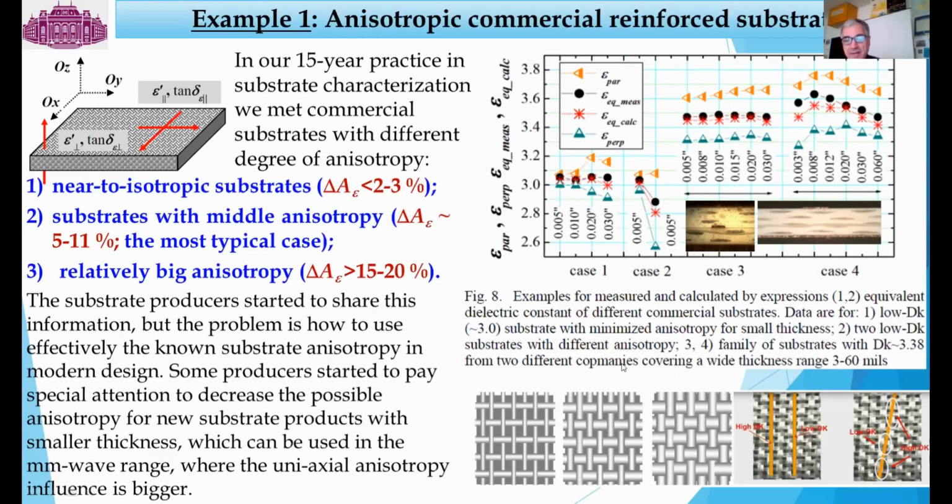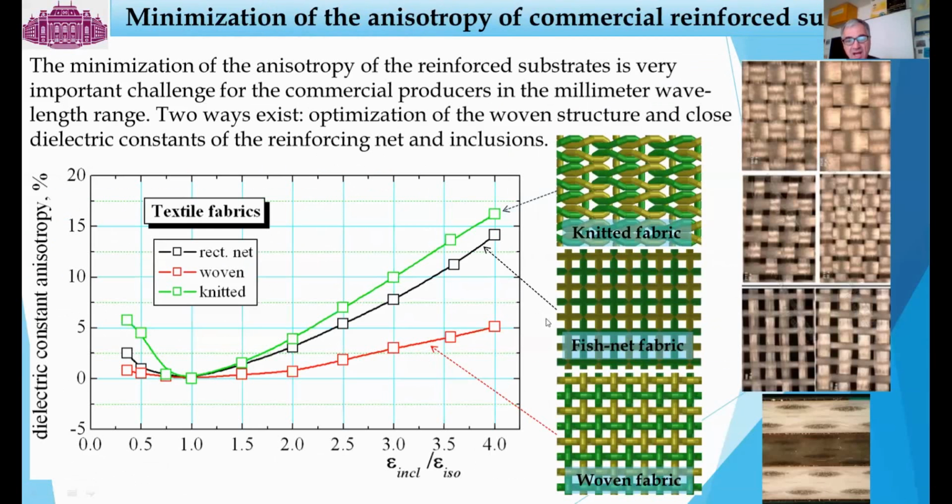In our practice, we found a method how to minimize this property, uniaxial anisotropy of reinforced substrate. Everything depends on the type of woven fabrics, and we can see here different types, and how to minimize dielectric anisotropy.